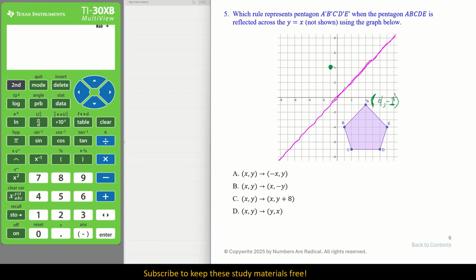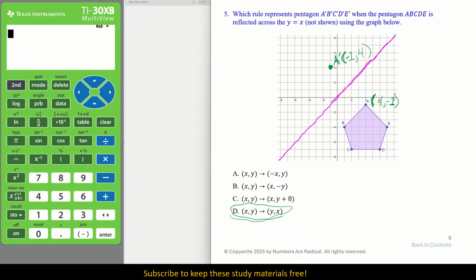That's my dot, my green. Here, I need to write A prime. That would actually be, let's look, -1 and 4. What has happened? The X and Y have merely changed places. Well, what does that give us? That gives us option D.